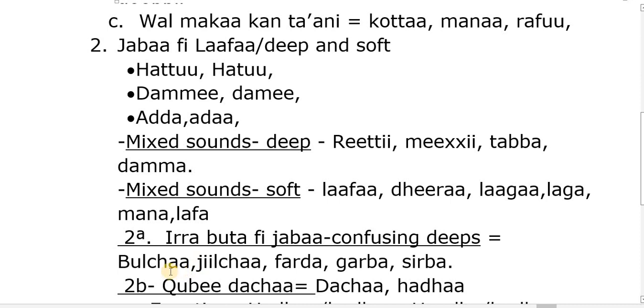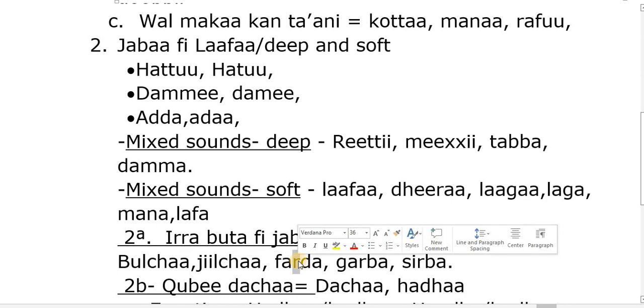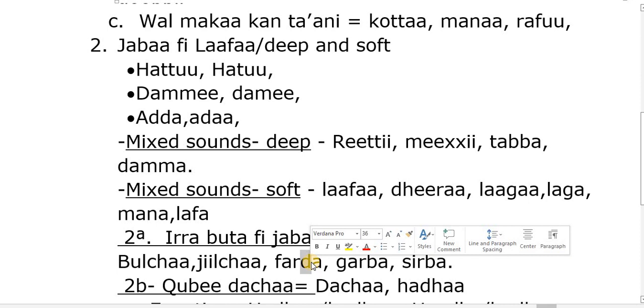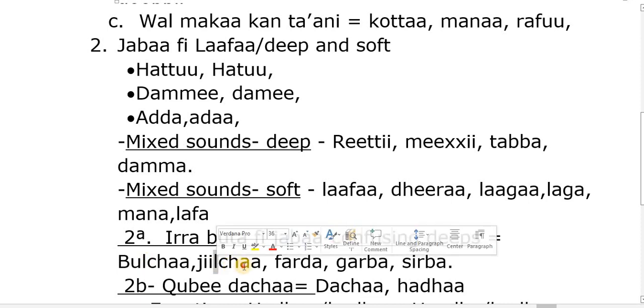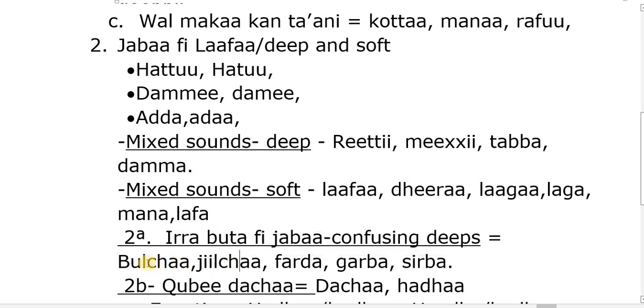But when we have rabuta, the next sound confusingly is deep or strong, like farda, that is strong, garba, that is strong, sirba, that is strong. Anywhere we have rabuta, or silent or semi-silent, the next consonant sound is deep. Bulcha, jilcha, and so on.